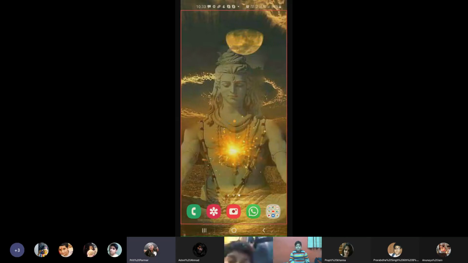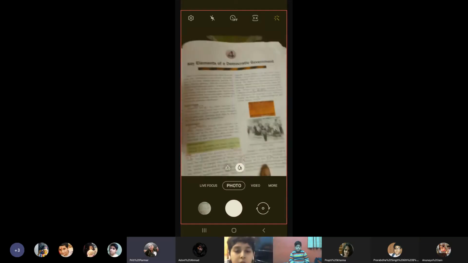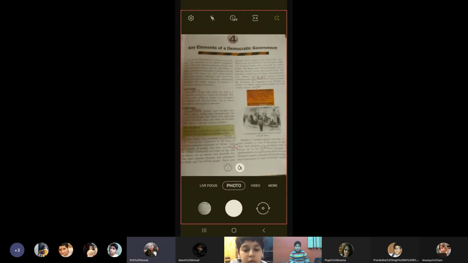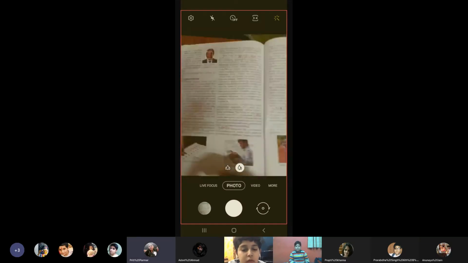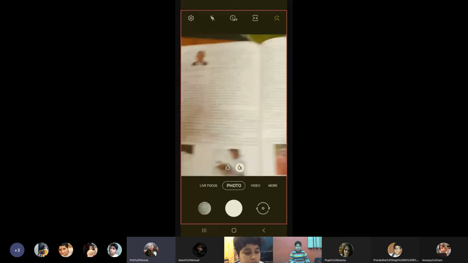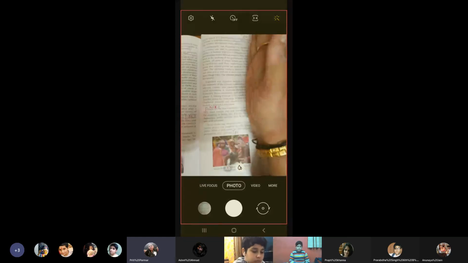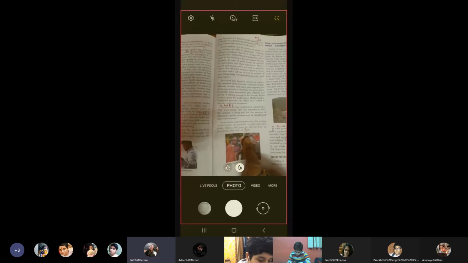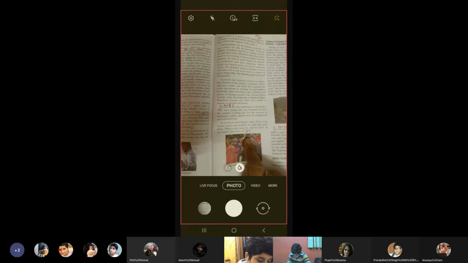Found it. So, key elements, this first page, this second page, and only the half of it. Okay, till here. Here, 2.5 pages for civics. I hope I'm clear.